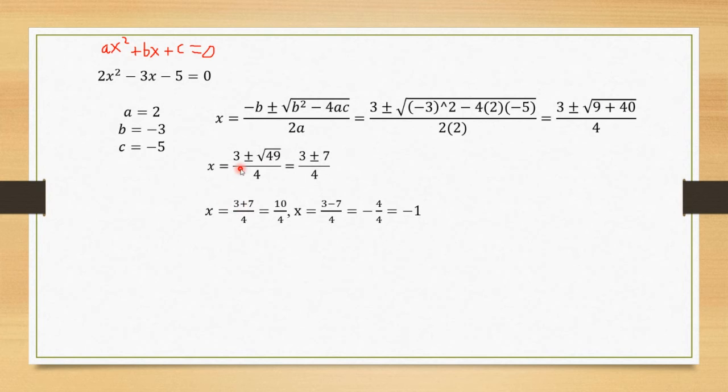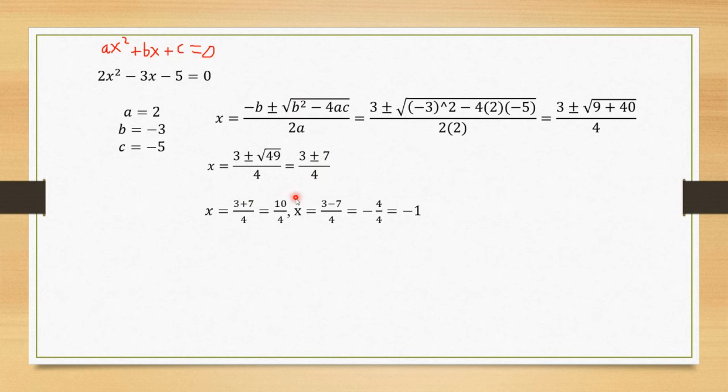So notice that we have 3 plus or minus the square root of 49, right, over 4. 49 is a perfect square. So the square root of 49 is 7, as you can see. And so we have two solutions here, right? We have 3 plus 7 over 4.